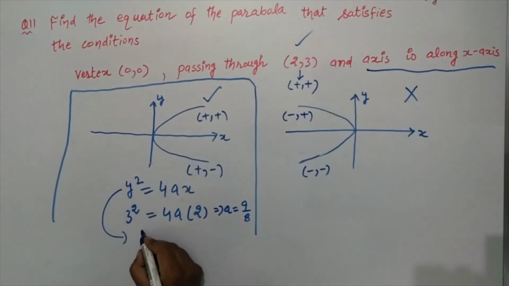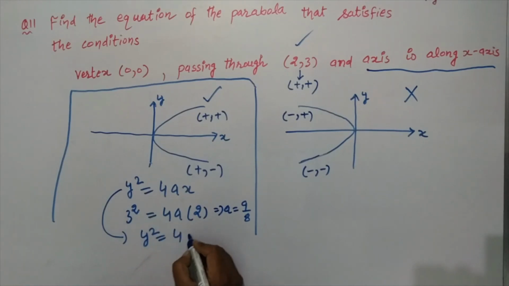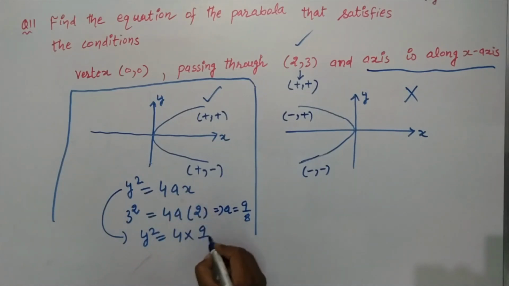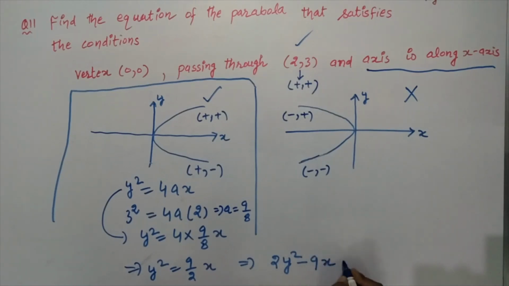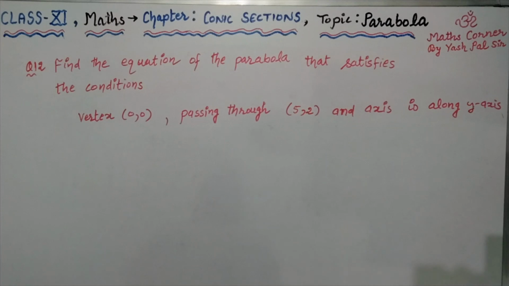So the equation becomes y square is equal to 4 into 9 upon 8 into x. This means y square is equal to 9 upon 2 into x, that means 2y square minus 9x is equal to 0, which is the required equation of the parabola.